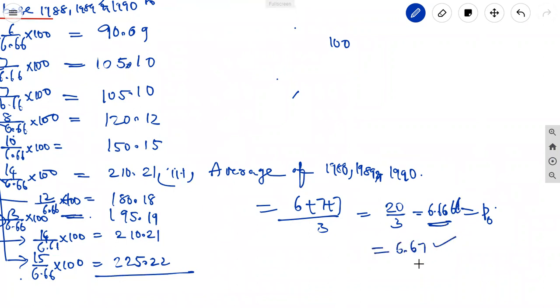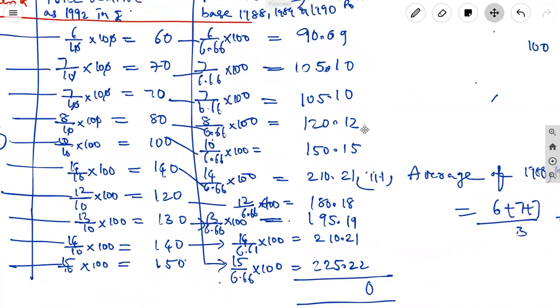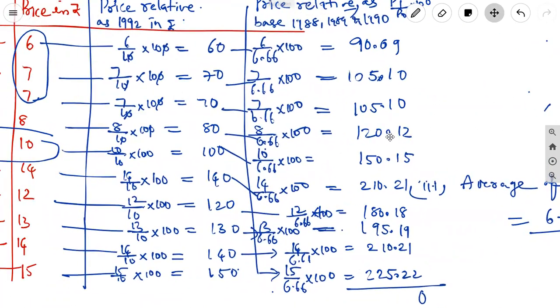When you are using 1 decimal place, you use 6.7. If they ask us to correct to 1 decimal place, then we sum it and correct it to 1 decimal, and we get the correct answer. This is the way. Average means, don't get confused, just take the average, and whatever value we get, that is the base, the P naught value.